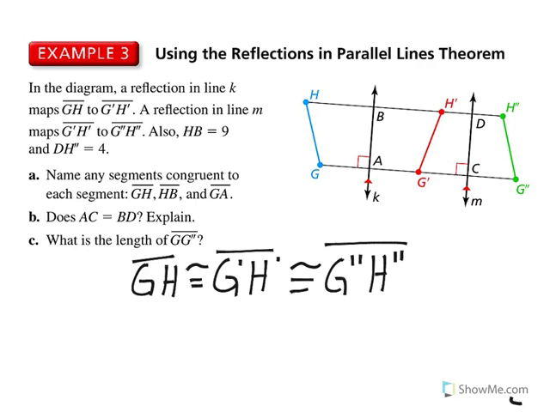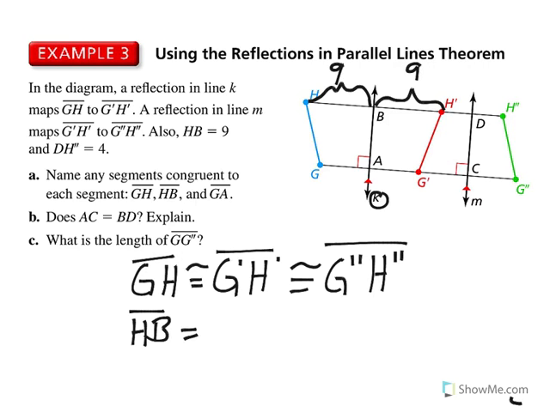And the second one, HB. This section of HB tells us that it's 9. If H is directly reflected across line K, then it's going to be the same exact distance away from it on the other side, so this one would also be 9.